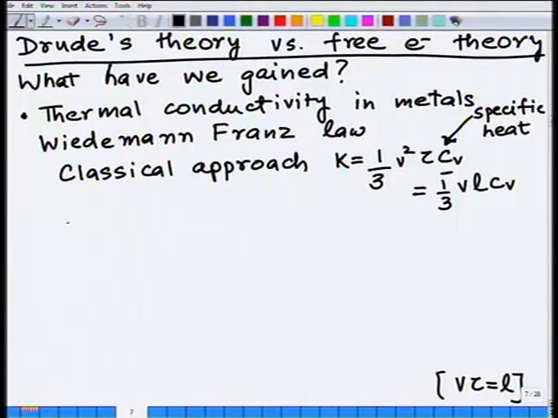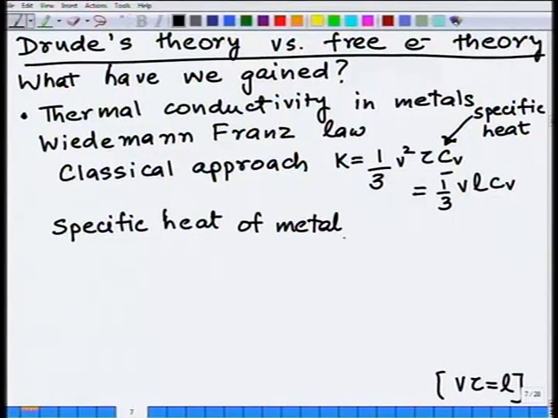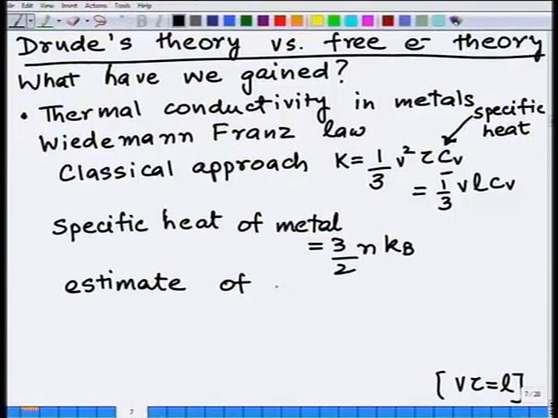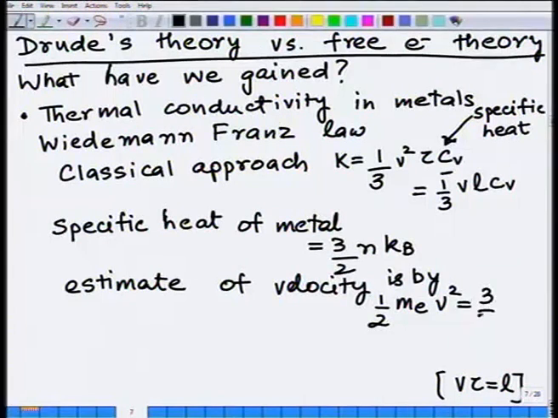Second thing, by the classical approach, the specific heat is derived as 3 by 2 n times Boltzmann constant Kb, and the estimate of velocity is half m_e v square equals 3 by 2 Kb times T, which you have seen before.